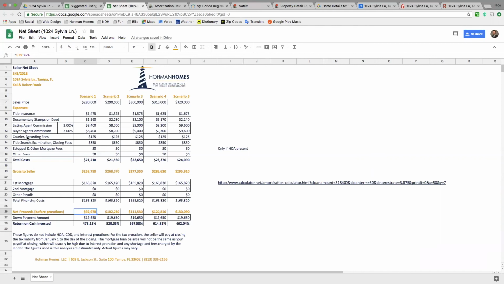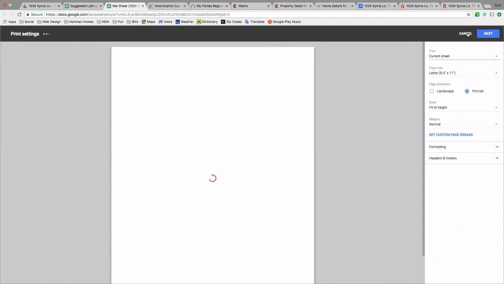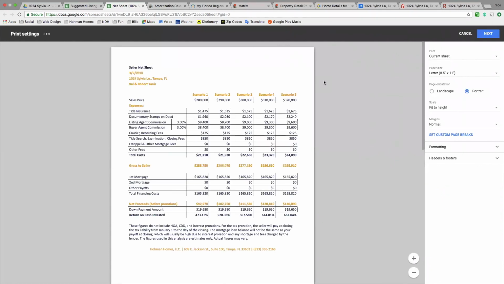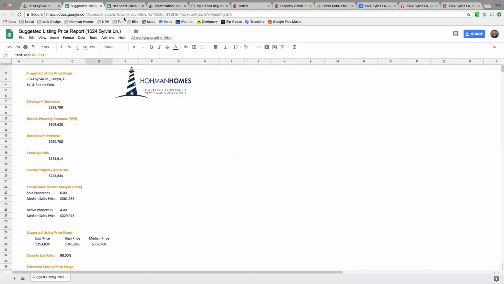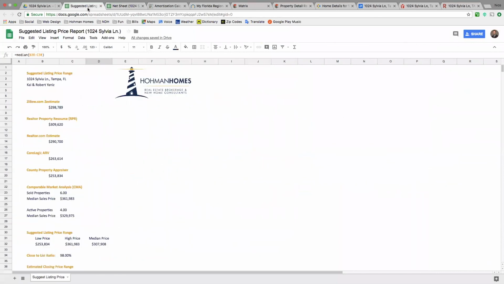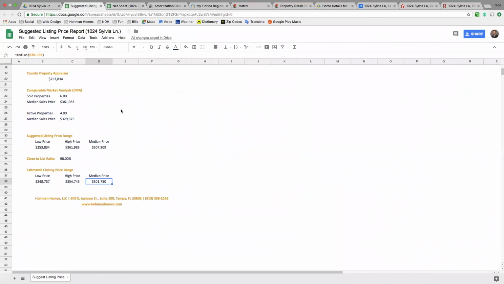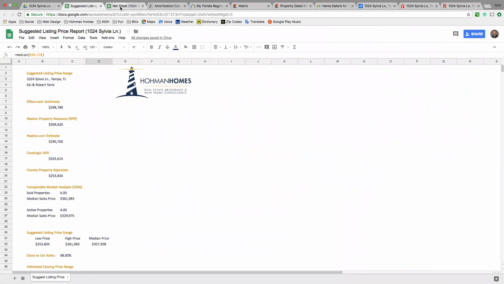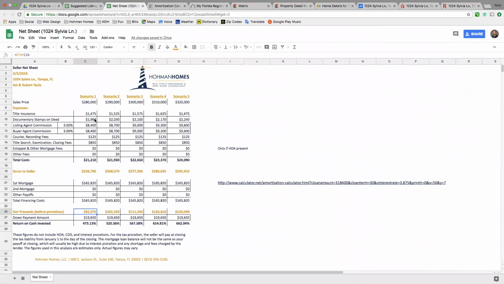We can print it, save it as a PDF, or email it to them, so we have a couple different ways to deliver this information to the seller. With the suggested listing price report and the net sheet, make sure you're only printing page 1. We got it perfectly suited to that. All you need to do is print 1 page, landscape or portrait style, and everything will be ready to go.